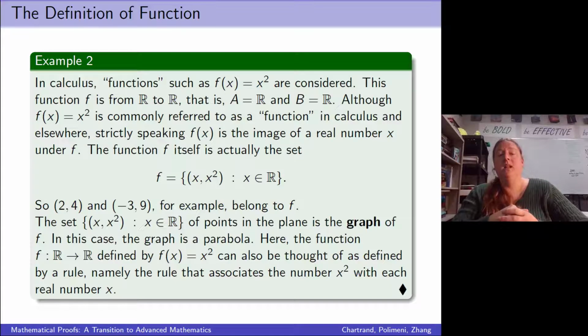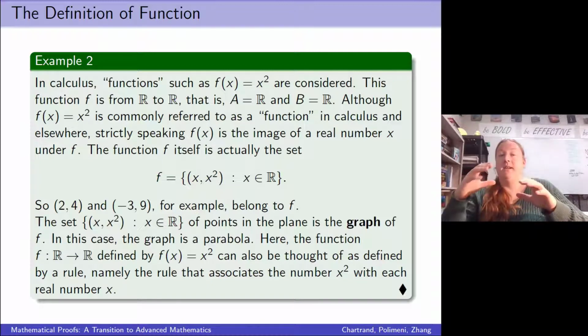So elements that are actually in this function are like (2, 4) or (-3, 9). Those actually belong to the function. Now, when we take a look at the set of all of the ordered pairs (x, x squared) for all x in the real numbers, then if we plot those points on the plane, what we have is the graph of the function.